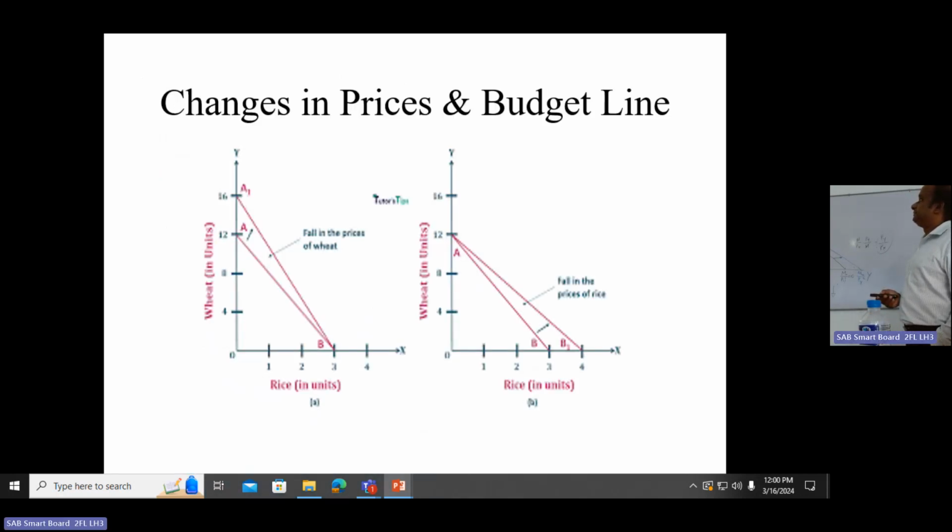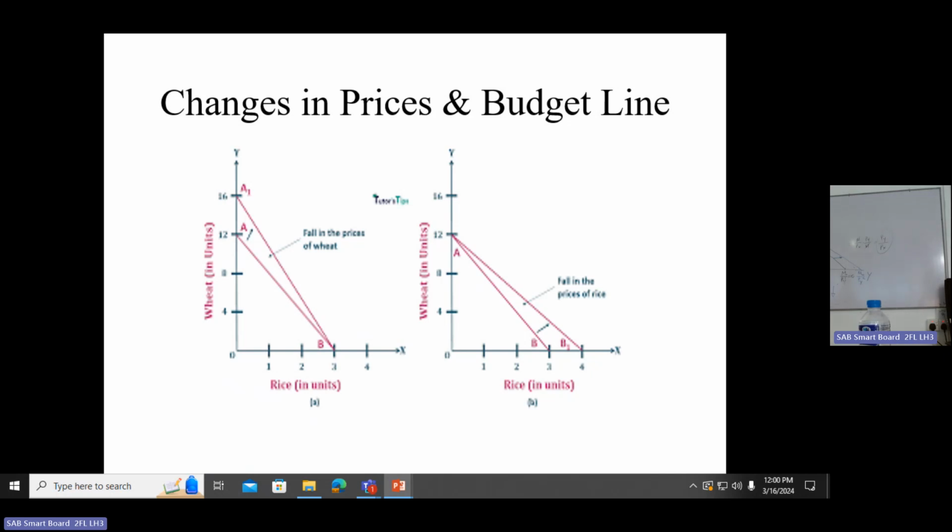Now what is the equilibrium? If there is a decline in the price of product X, the budget line rotates from that axis, right?